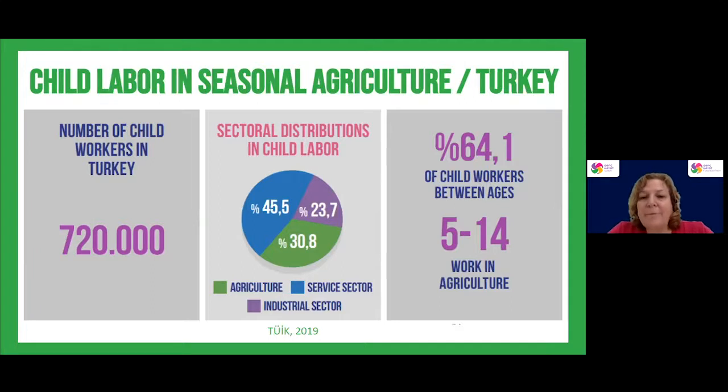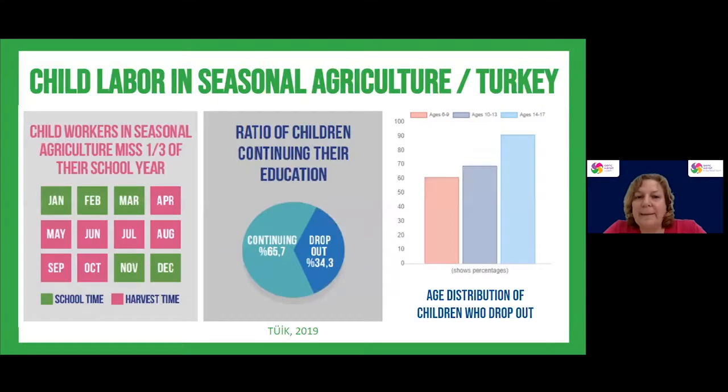But what we see is that children between 5 and 14 years old have a big ratio, about 64%, because they travel with their families from the southeastern part of Turkey to the harvest areas, so they can easily find a place to work.